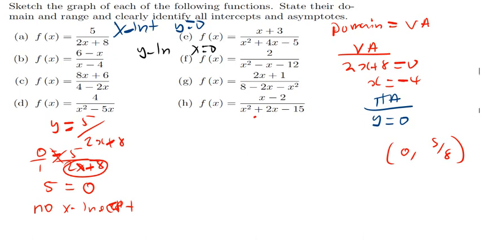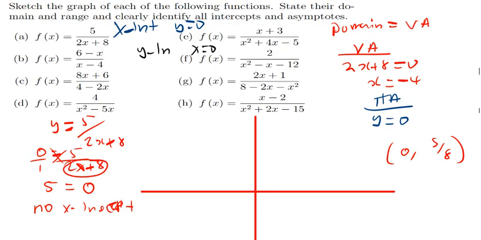Here is my graph. The first thing that should come to your mind is the vertical asymptote. For the vertical asymptote, we're talking about x. x is negative 4. Put negative 4 here and cut a line.